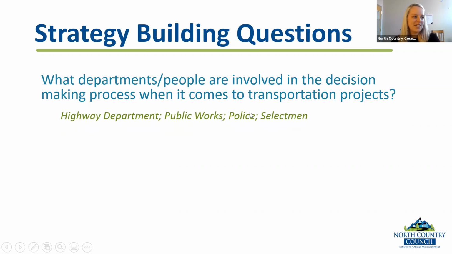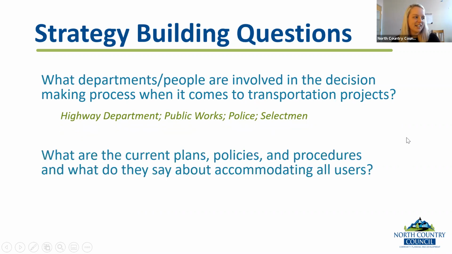So, yep, we went over all of these. So the next question is thinking about what your current plans and policies or procedures say, and how far they go already. Does it just mention one type of user? Does it do a pretty good job of covering everyone? This question is to think about where this complete streets policy or resolution can fill in the gaps or strengthen what you already have in place.